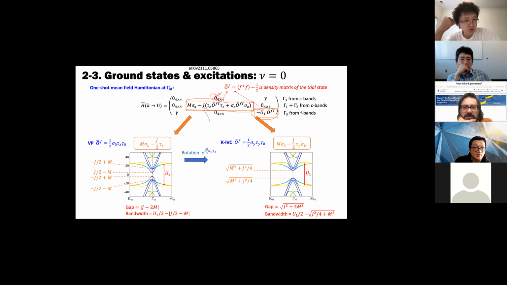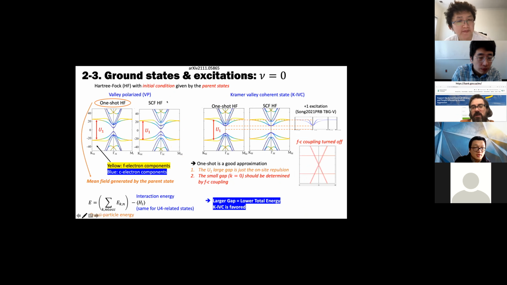Do you get extra self energy in the valley polarized state because you have two completely empty flavors, right? Maybe, yeah. So this is the analytic result, right? But you can actually compute the self-consistent Hartree-Fock and check this.